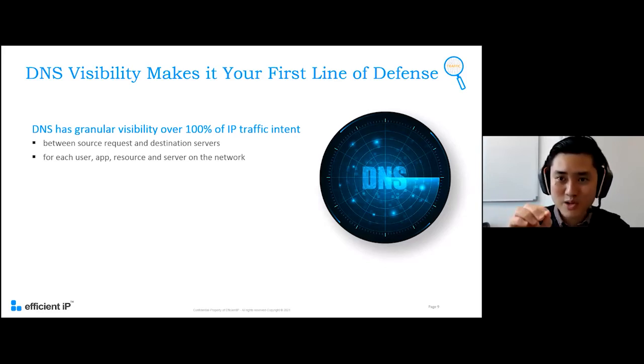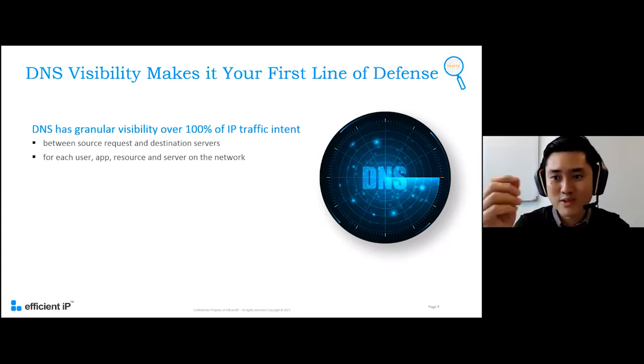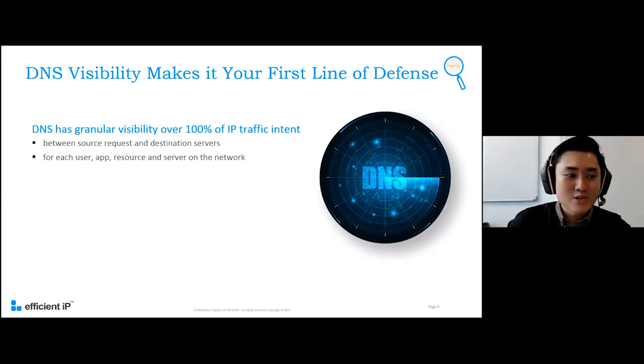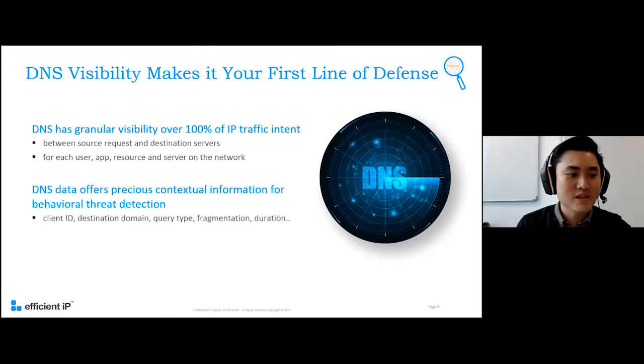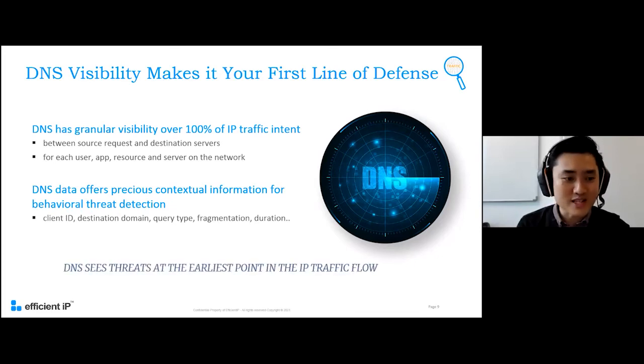DNS traffic is used by your mobile phone to check whether the destination resource is reachable from the mobile device. So DNS has visibility of almost everything from source request to destination resource. We can therefore conclude that DNS provides valuable information for behavioral threat detection, which includes client identifiers and destination domains. So DNS truly is a critical component in your network security.